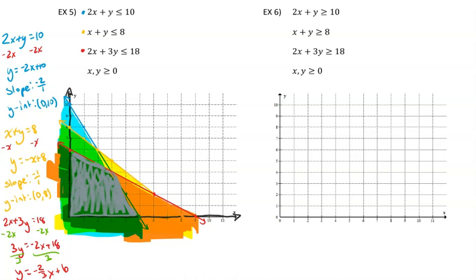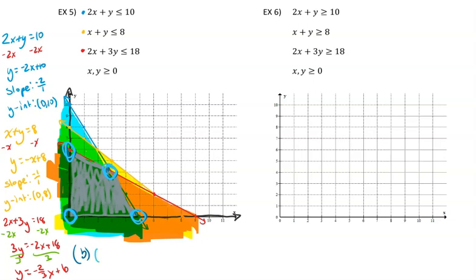Now we just have to look at the actual corner points. So we have 4 in this case: 1, 2, 3, 4, and I know you can't see that very well, so 1, 2, 3, 4. That's a little better.